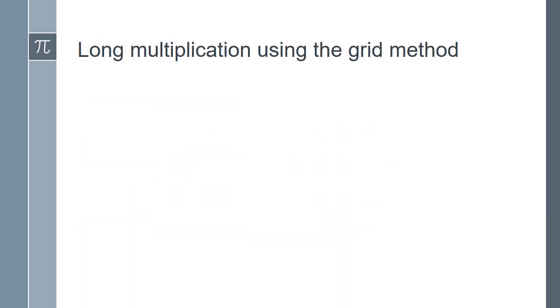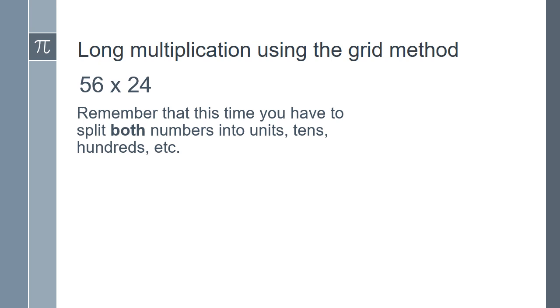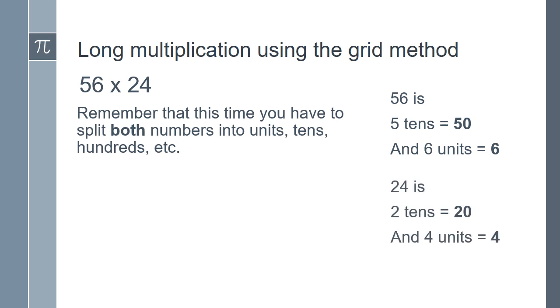So we're going to have a quick look at long multiplication using the grid method. So long multiplication is when both of your numbers are double digits or more. So we use exactly the same process. In this case, we've got 56 times 24, but remember that you have to split both numbers into units, tens, hundreds, etc. So 56 is 5 tens, which equals 50, and 6 units, which equals 6. 24 is 2 tens, which equals 20, and 4 units, which equals 4.